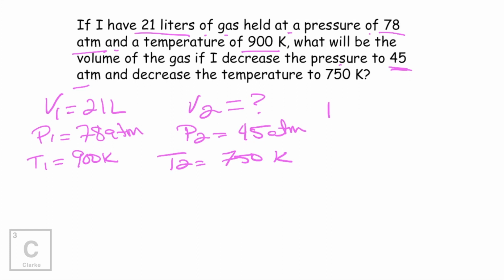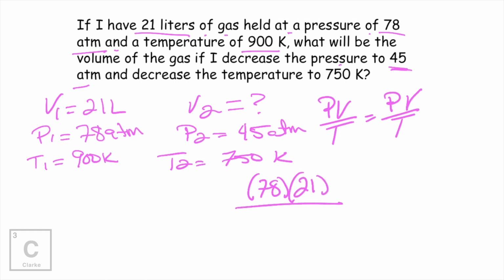Now remember that formula was PV over T. PV over T. So my P1 got 78, my V1 had 21, and then my T1, that was 900, my P2, that was 45. We're looking for V2, so I'm just going to call that X. And then over temperature, that was 750.